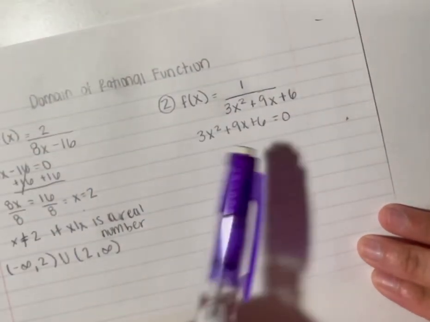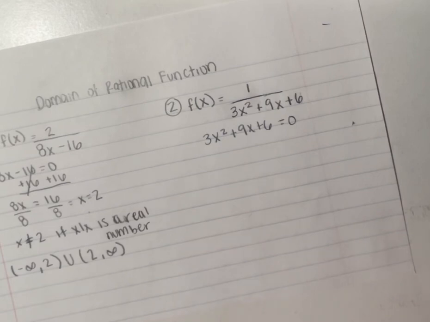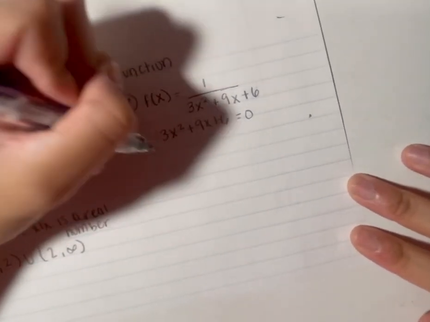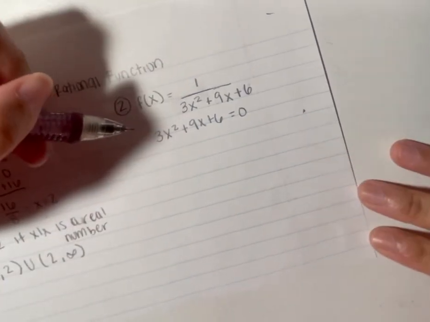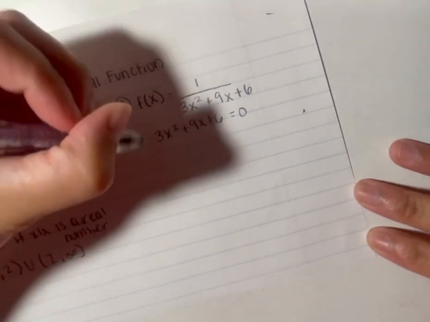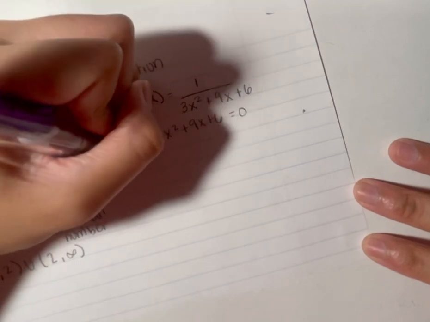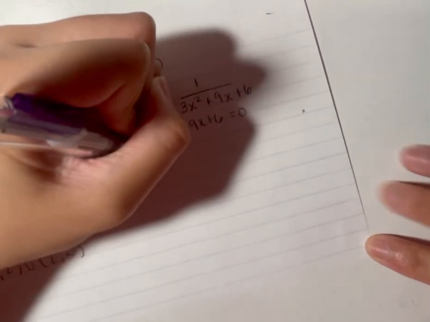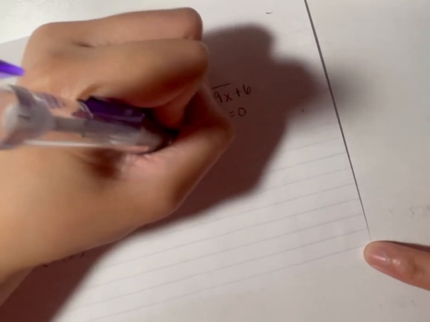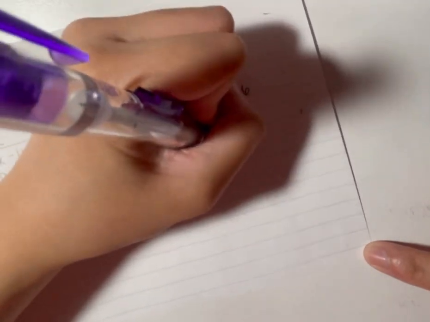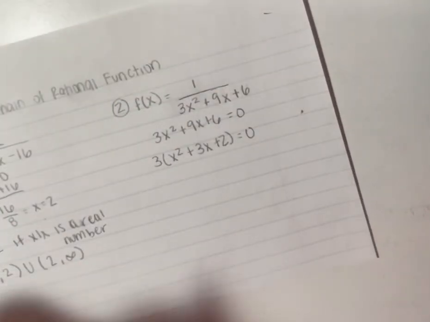There, we set it to 0. Then we factor out. So the greatest common factor out of all of these would be 3. So 3 parentheses x squared plus 3x plus 2 equals 0.